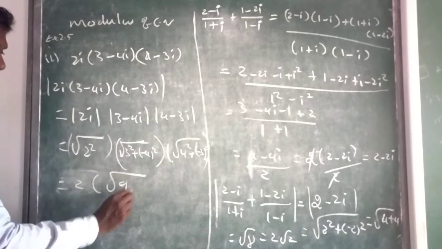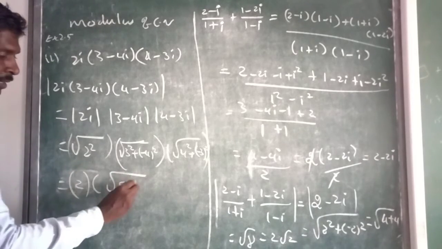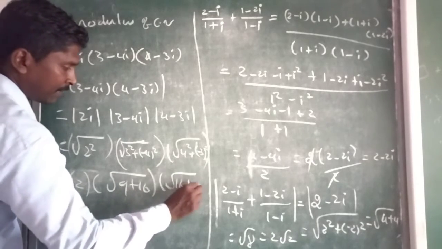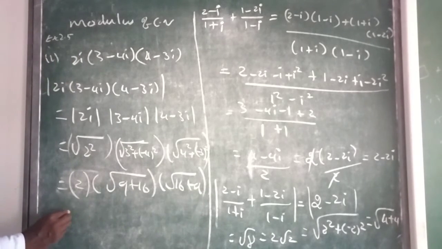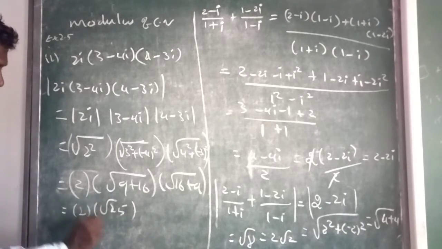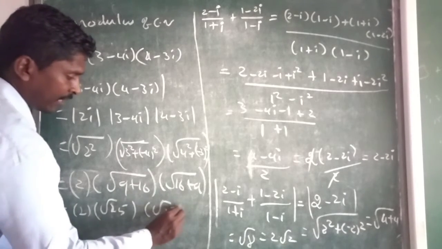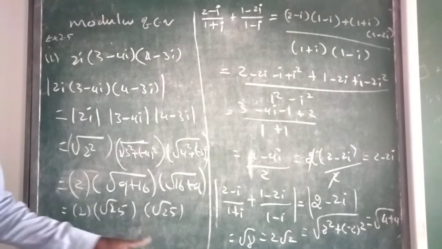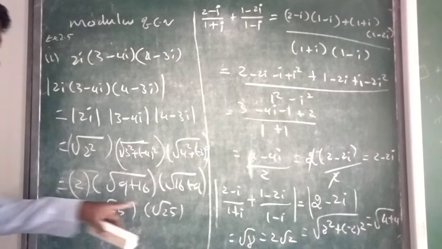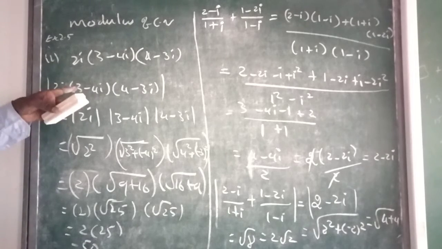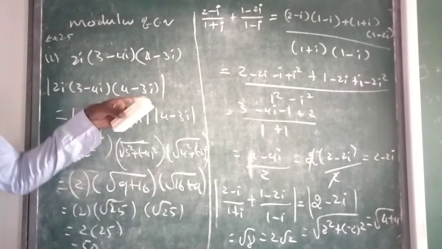Then 9 plus 16, square root of 16 plus 9 is 25. So root 25 into root 25, root 25 becomes 5, 5 into 5 is 25. So 2 into 25 equals 50.